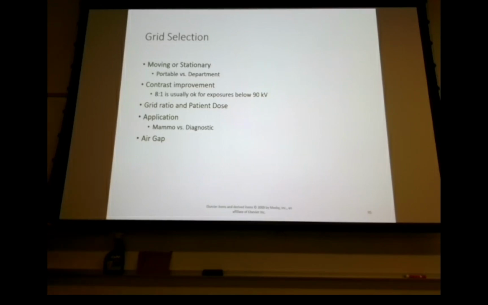And it should tell you the grid ratio. So if you're shooting above 90 kVp, you probably need something higher than that. Unfortunately, the patient dose is going to go up dramatically, typically 3 to 4 times. We have different applications, different types of grids and grid ratios for things like mammo versus diagnostics.